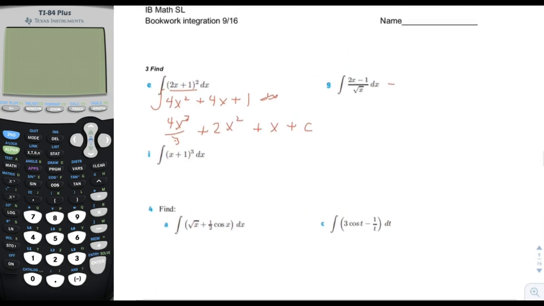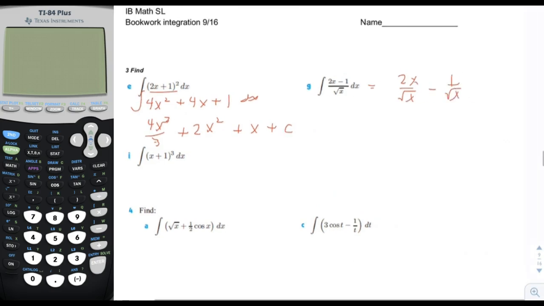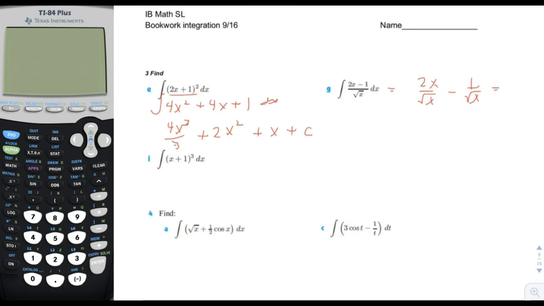Now, this one would be 2x divided by square root of x, minus 1 over square root of x. Let's rewrite this. It would be 2 square root of x, minus x to the negative 1/2.